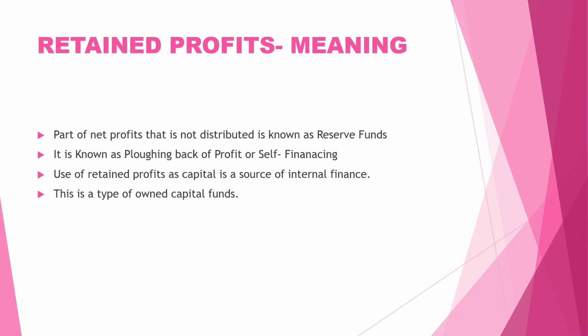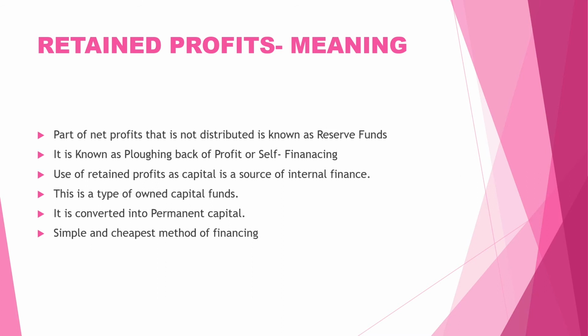This is a type of owned capital funds because the company does not have to return it to anyone. It is converted into permanent capital. It is going to be converted into shares, and this is given to the existing equity shareholders. Therefore, it remains in the business.